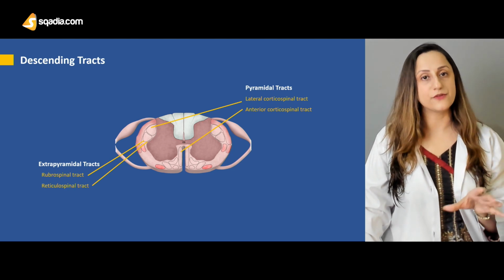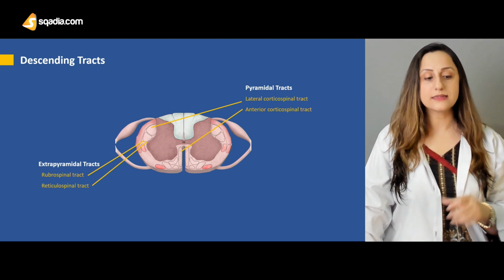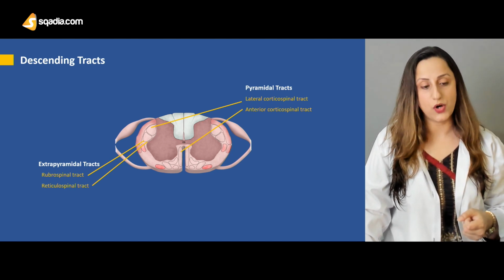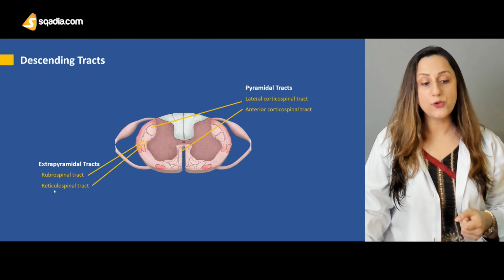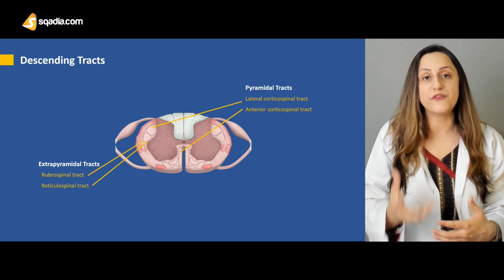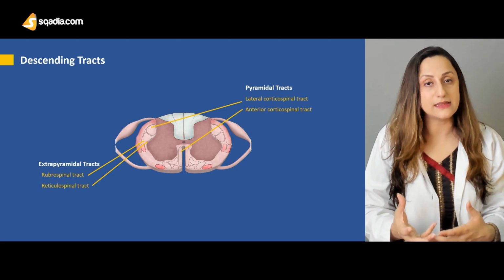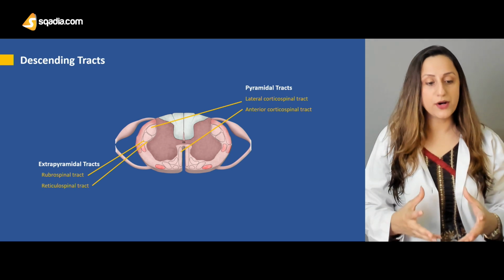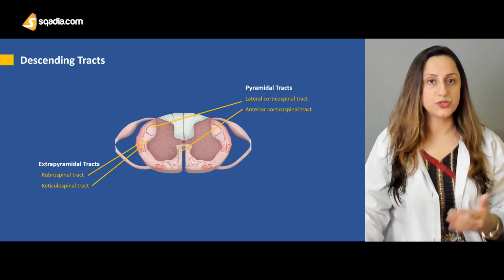Rubro stands for the red nucleus, and spinal is again into the cervical and thoracic segments of the spinal cord. And then we have the reticulospinal tract. Again, it points to the fact that the origin lies in the reticular formation, and from there it passes on to the spinal cord.